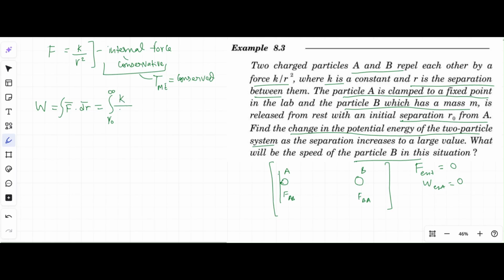So F is K by R square and dr. So we will take K outside, and the integration of 1 by R square is 1 by R. So this thing becomes K into 1 by infinity minus 1 by R naught.